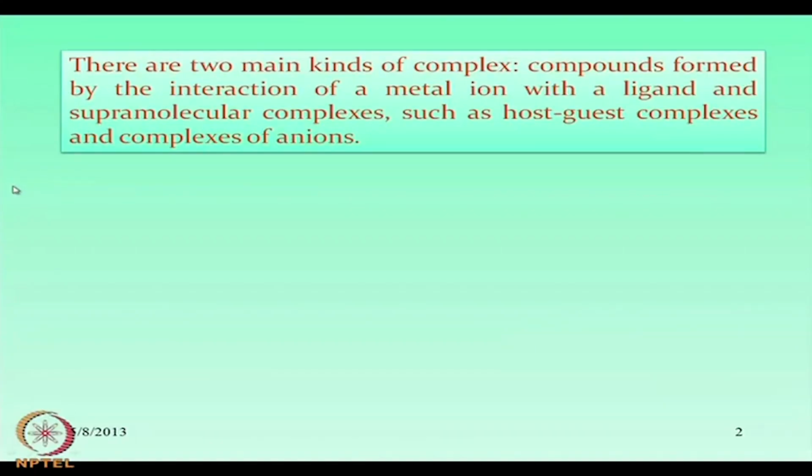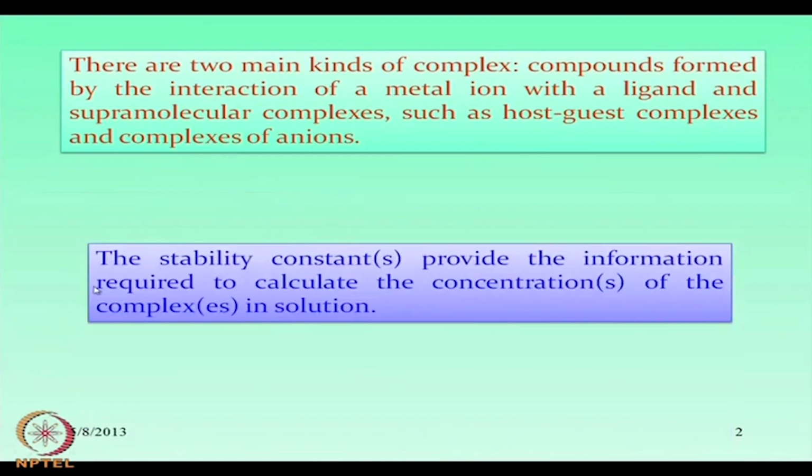Host-guest complexes and complex anions are therefore very important in this particular study, and the stability constant or constants that we can get from this information will be required to calculate the corresponding concentrations of the complexes in solution. That means, if we know the concentrations of the reagents, then we can find out the concentration of the complex species.